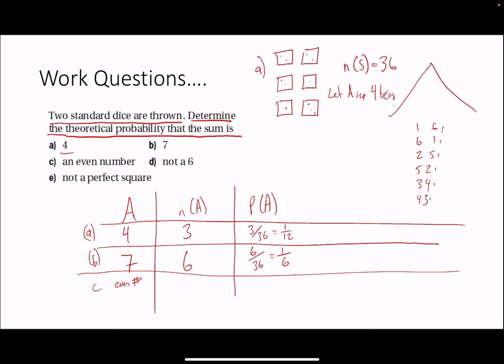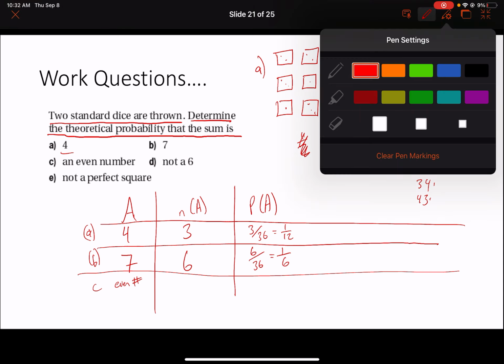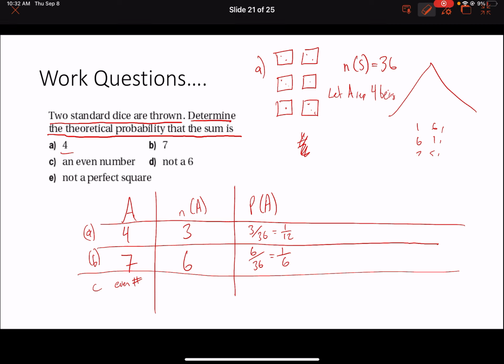Well, an even number. Well, you'd think it would be half of 36, right? But that's not necessarily the case. So if we look, let's just erase some of this stuff.